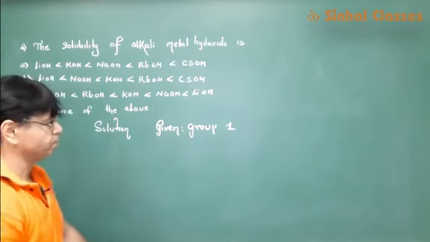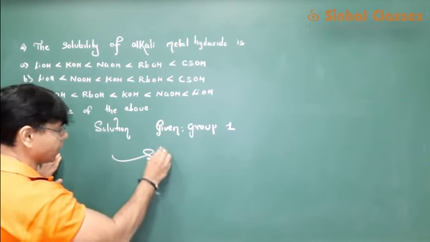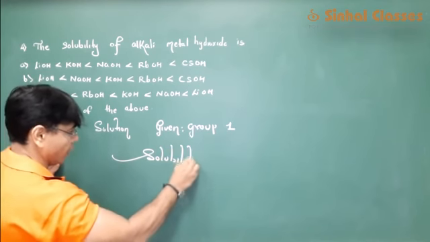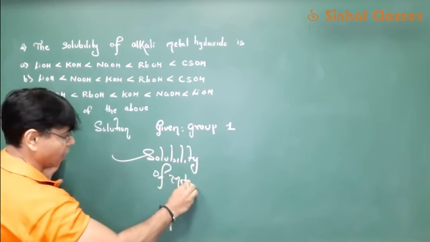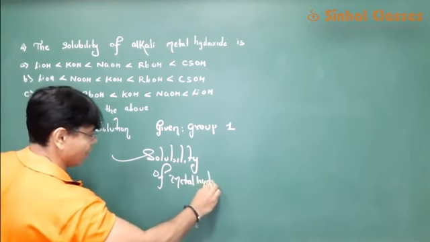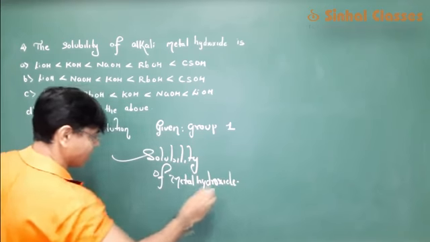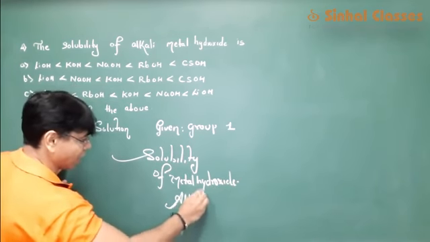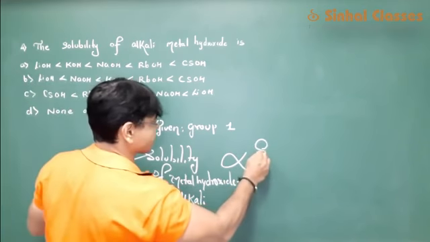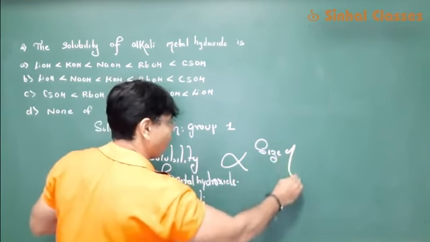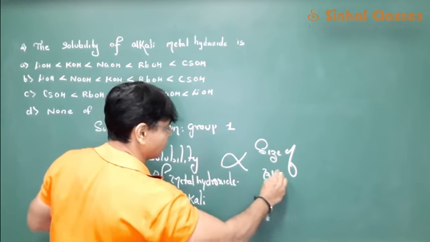We all know the solubility of metal hydroxide for alkali metals is directly proportional to the size of the alkali metal.